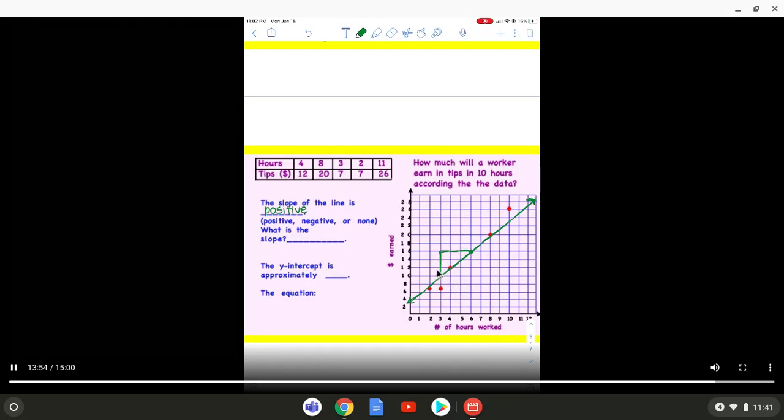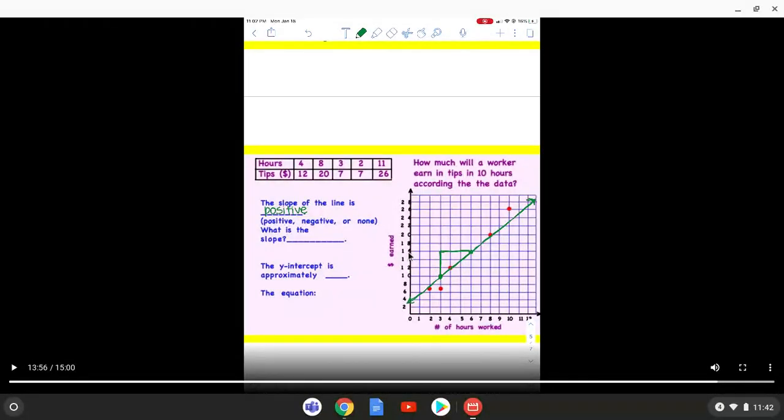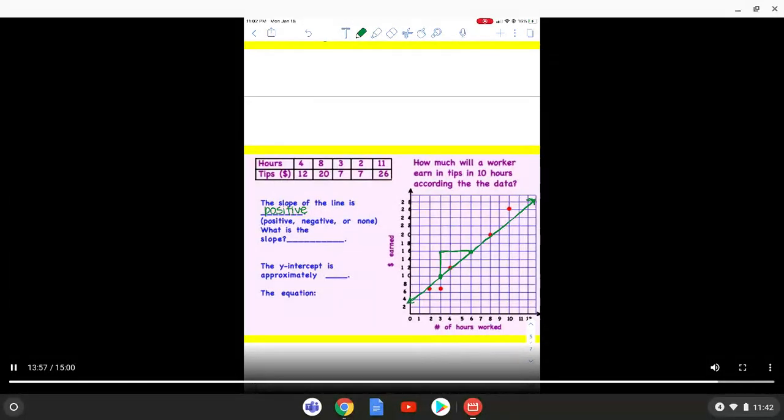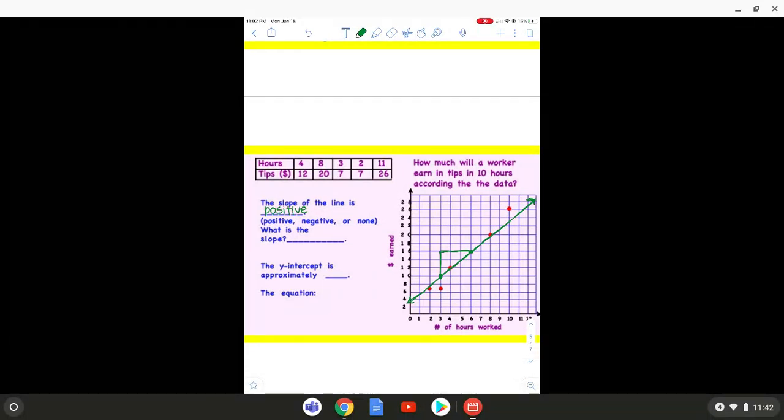And this normally would be a rise of 3, but we have to think we're going from 10 all the way up to 16. So that's really a rise of 6. So that is where it's important to make sure you are paying attention to what that y-axis is changing by.